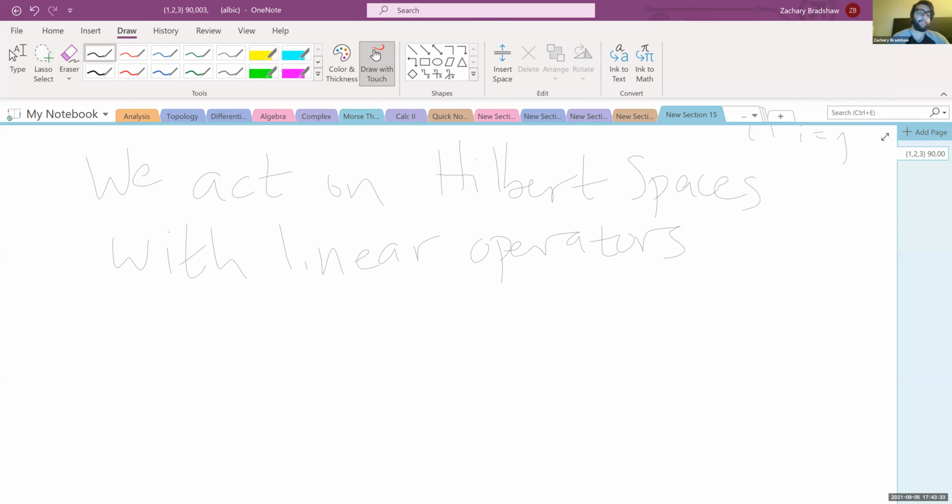Well, a linear operator takes an element of the vector space and spits out another element of the vector space. In general, they could map between two different vector spaces, but we'll usually only care about linear operators that map from our Hilbert space to our Hilbert space. So maybe I should take out these V's and put an H here and an H here for Hilbert space.